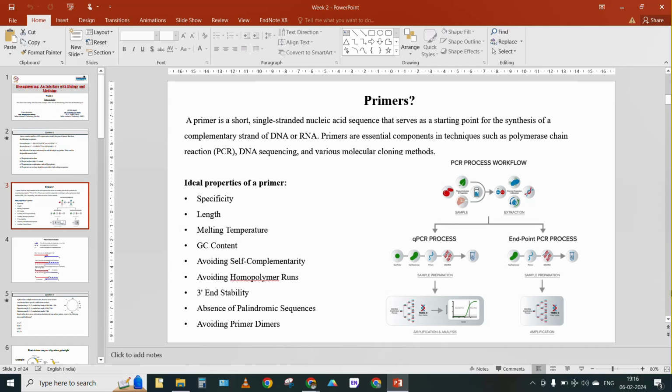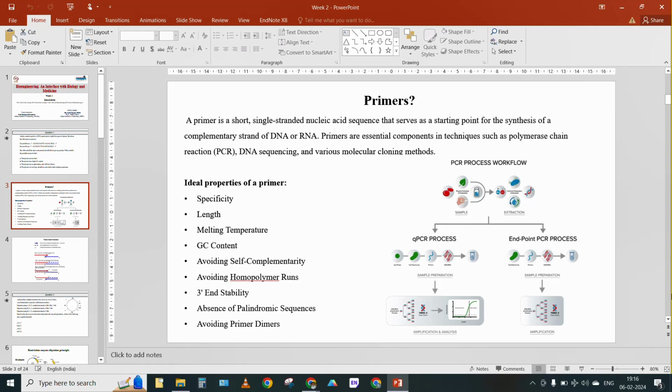So we have here the PCR process workflow, qPCR process flow, and endpoint PCR process.